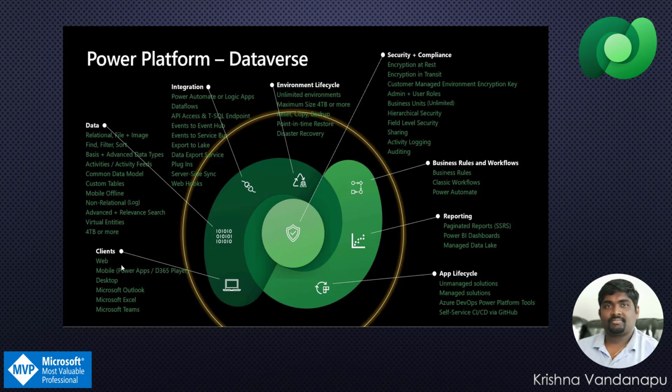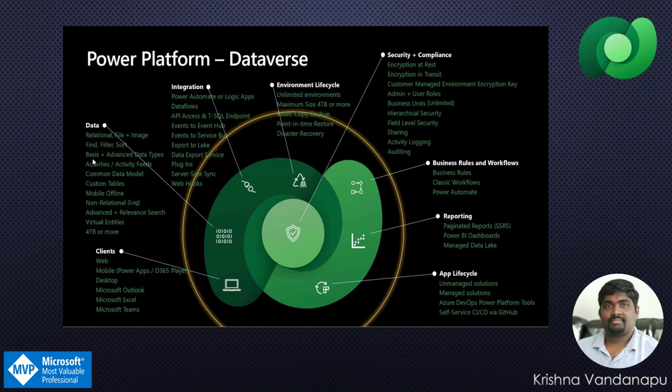And the next one is data. It shows the maximum size of the data as 4 terabytes or more. It also supports various data types such as relational data, file, image, and find, filter, sort, and various other functions I can perform on top of these Dataverse fields.